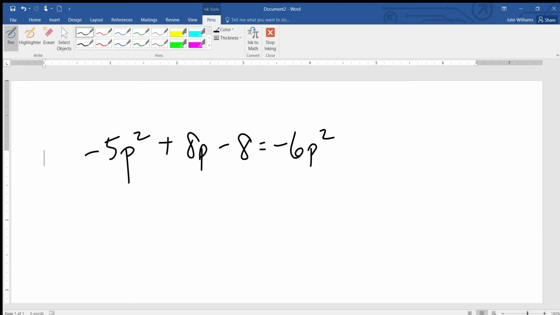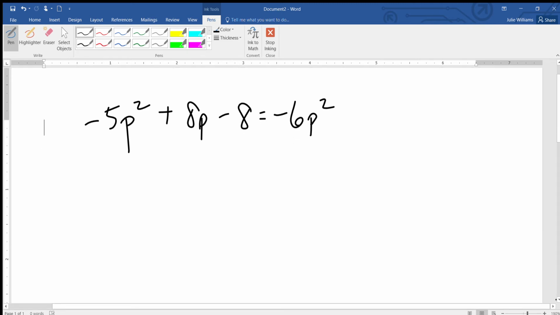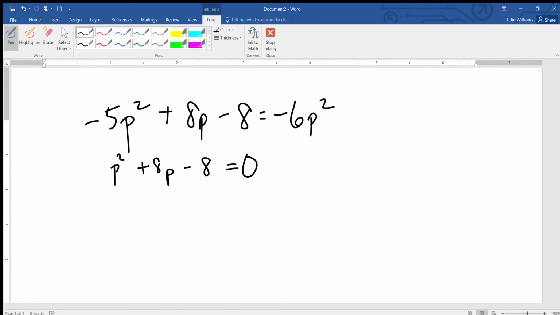So we need to add 6p squared to both sides. When I do that, I end up with p squared plus 8p minus 8 equals 0. And so you could try to factor it. You would find factors of negative 8 that have a sum of positive 8, and you're not going to find any. So this one is not factorable.